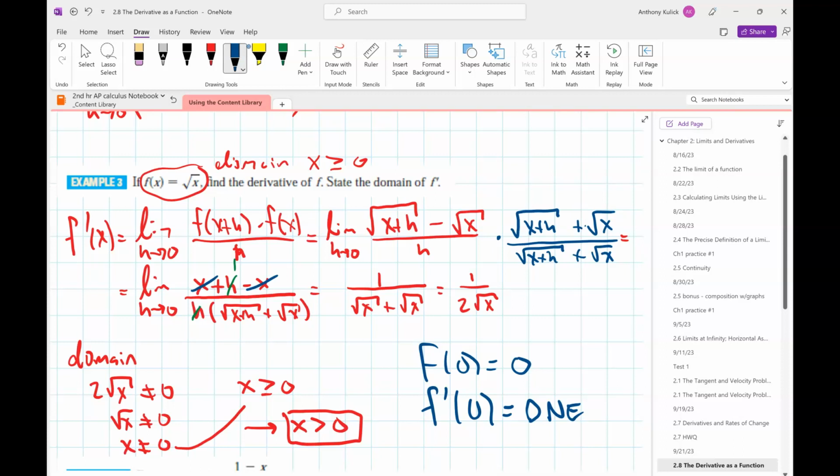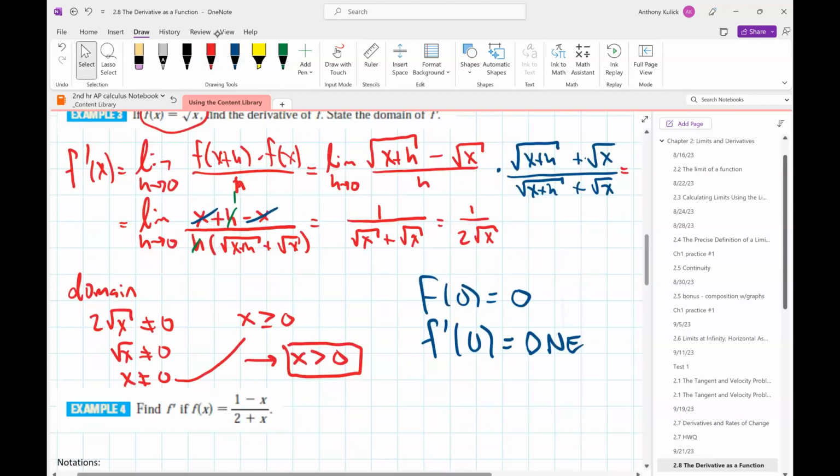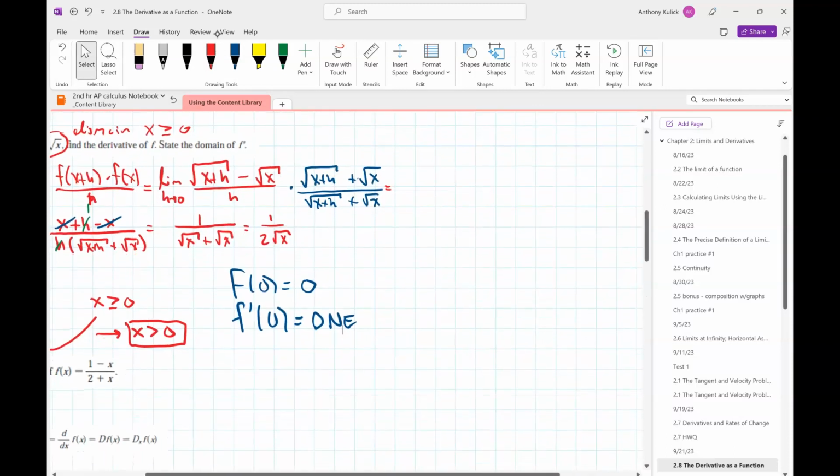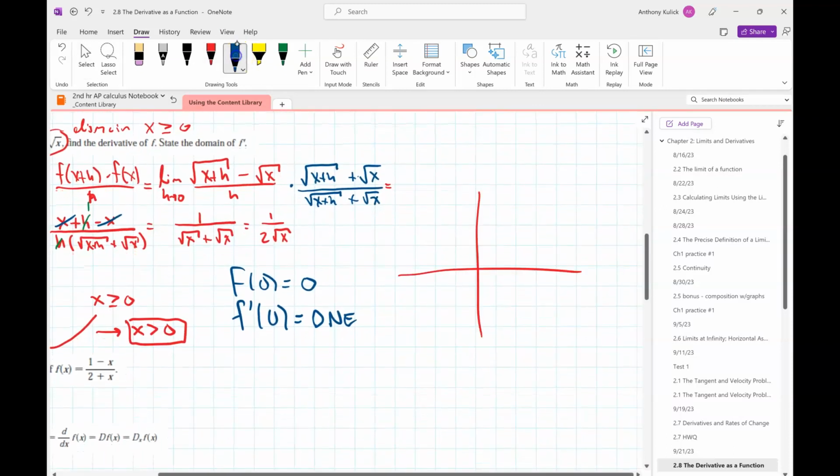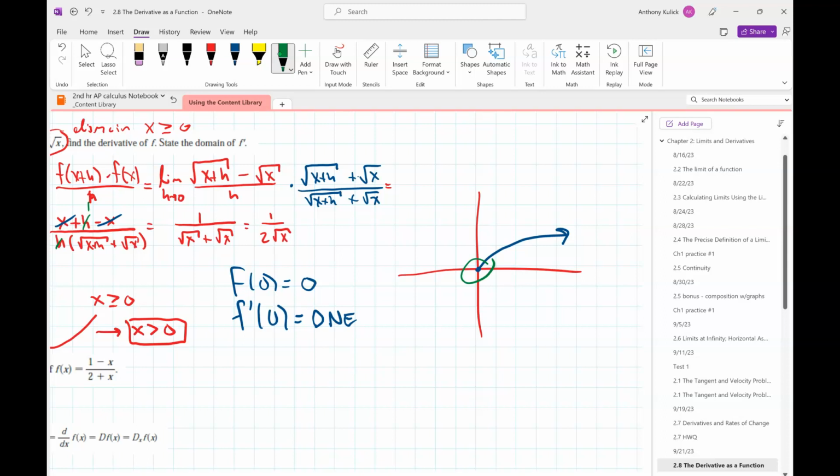Think about why that's happening, though. If I think about the graph of f of x, it's this, right? How do I do the slope at that point when there's no graph coming into that point? The slope of the tangent line, when there's nothing coming in, there's nothing you can do a limit on.